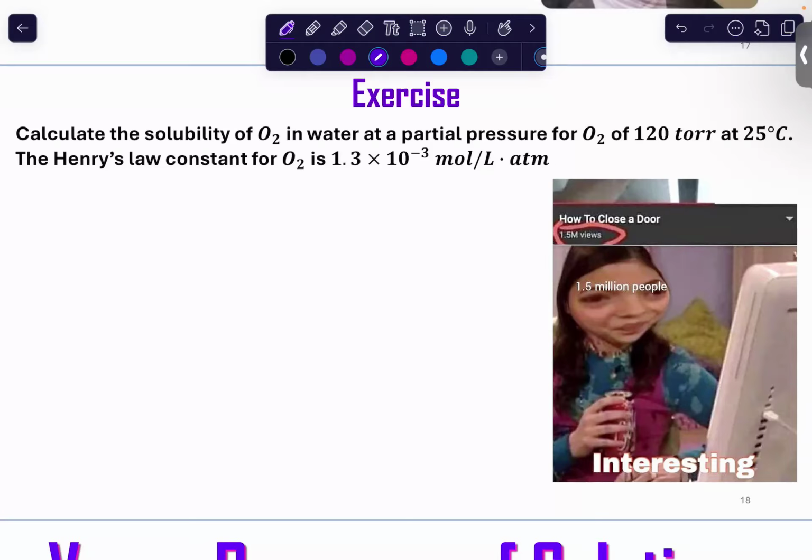And when it asks for the solubility, sometimes this can be a little confusing the way questions are asked. When a problem asks for the solubility, it wants to know what is the concentration of the gas in solution. So C stands for solubility. Yeah, it's concentration or solubility. That's all it's asking in this case. What concentration of the gas do you have in solution at this pressure?